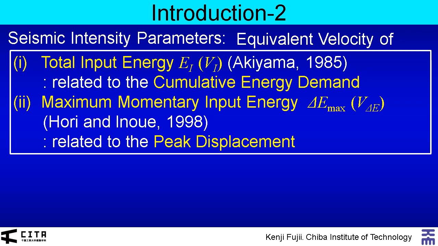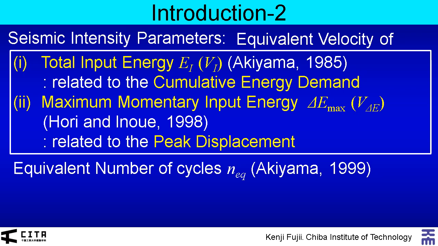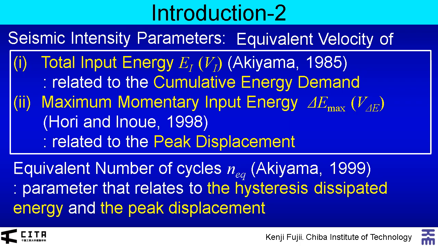This is related to the peak displacement. In Dr. Akiyama's method, the equivalent number of cycles is the parameter that relates the hysteresis dissipated energy and the peak displacement.